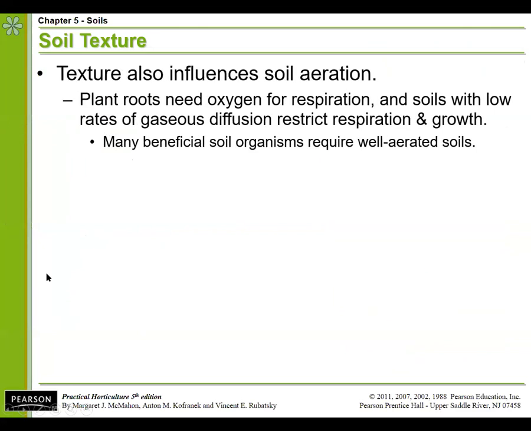So we left off talking about texture and looking at that table of what texture does. One of the big things that soil texture does is influence the pore space, which influences the way that water drains, and those pockets in the soil, those larger pores, the macropores, are either filled with water or air.